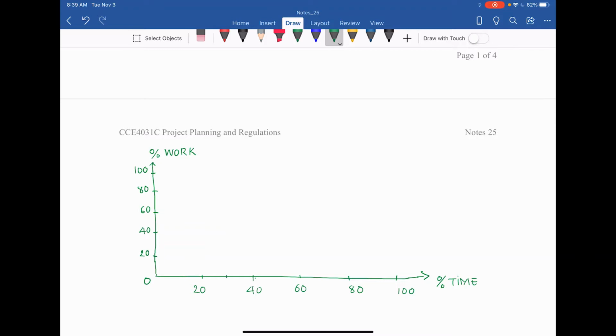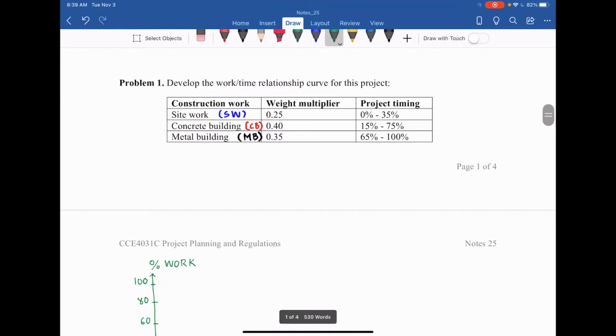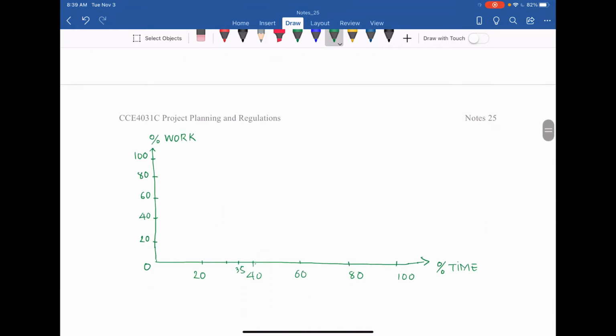So we can draw a horizontal line at 25% and a vertical line at 35%.